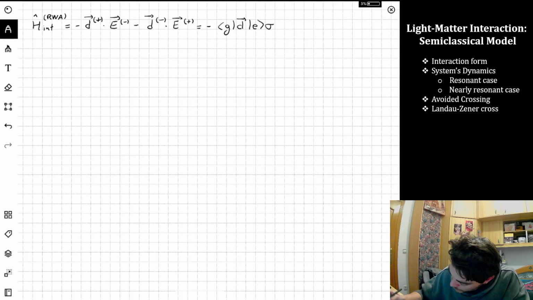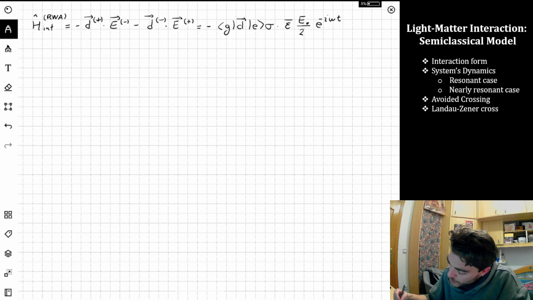One has sigma minus, and then one has the unit vector of the polarization, E0, which is the amplitude of the field, divided by 2, e to the minus i omega t.